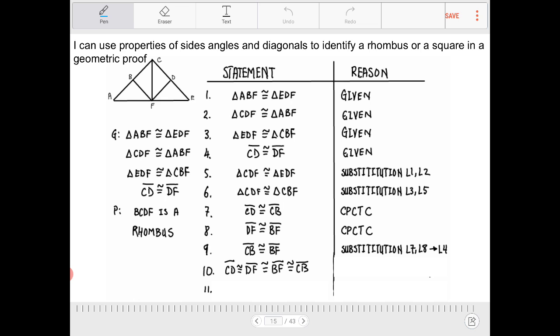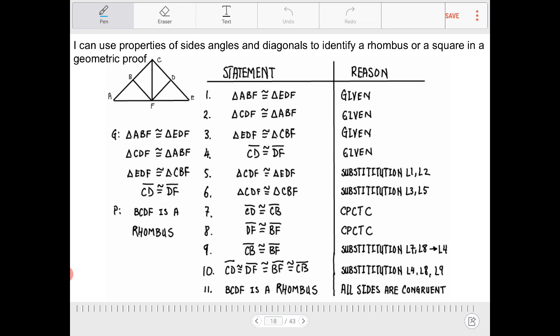Therefore, all four sides must be the same. This is because I'm substituting line 4, line 8, and line 9 all together. All of these things are linked and connected and are one and the same. And then the final statement is that BCDF is a rhombus because all sides are congruent.